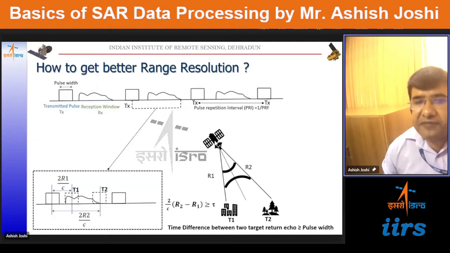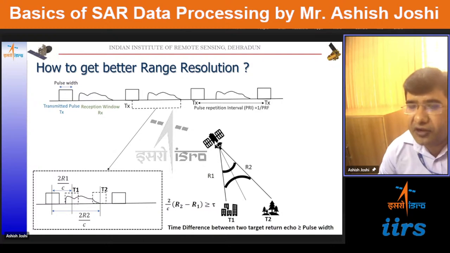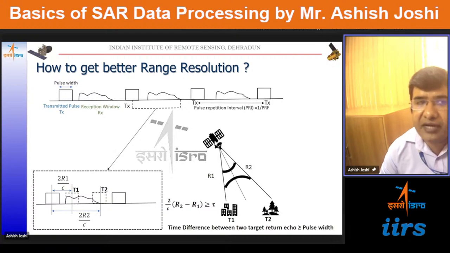The first problem for synthetic aperture radar is how to get the range resolution. We have to have high resolution images, so we should have better resolution both in the range direction and in the azimuth direction. So how to get it?